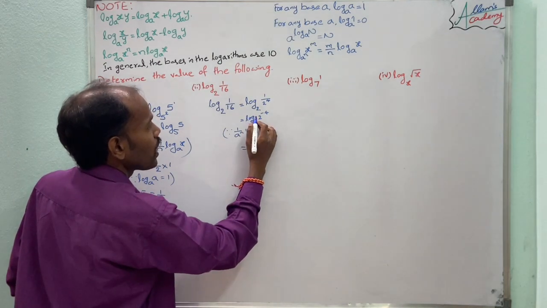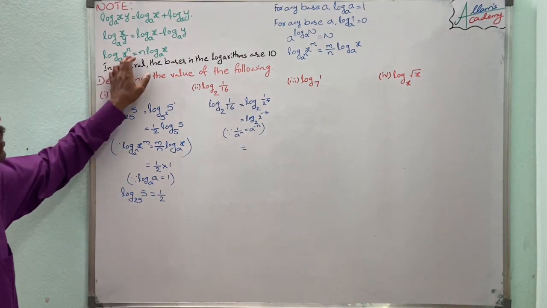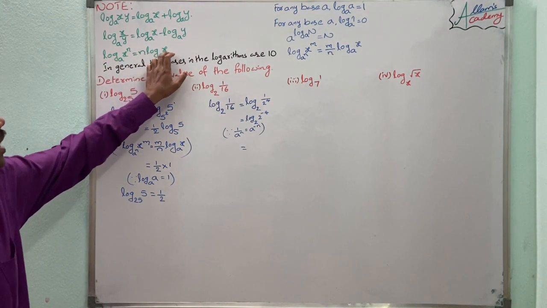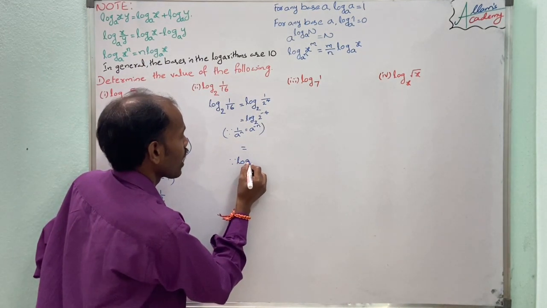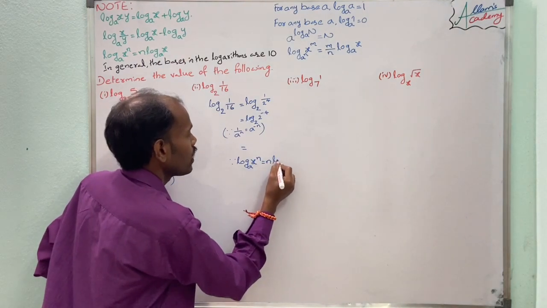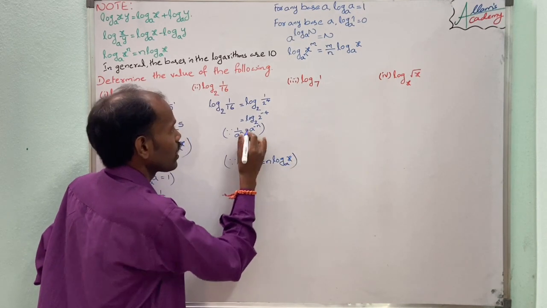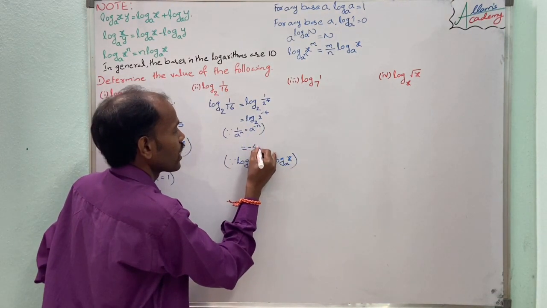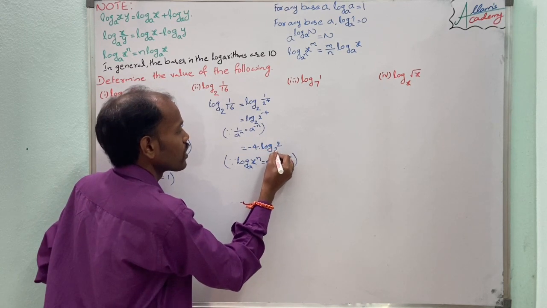Now it is in the form of log x power n base a, which equals n log x. So by using that formula, log x power n base a equals n into log x base a. By using that formula, we are writing 4 into log 2 base 2.